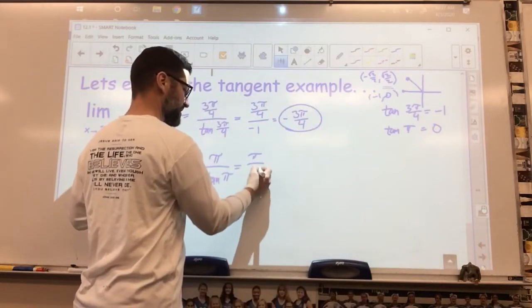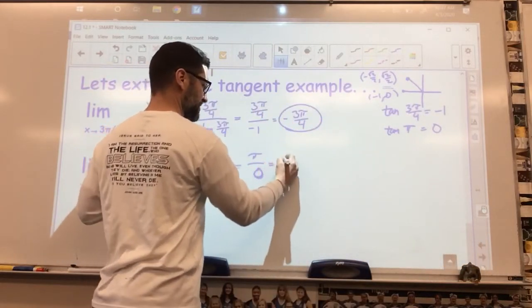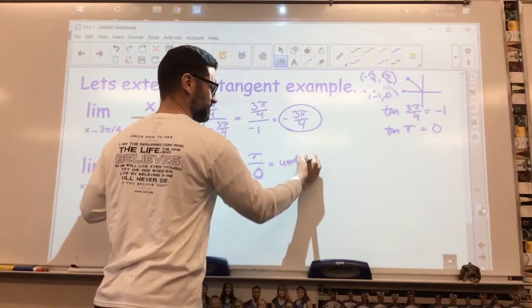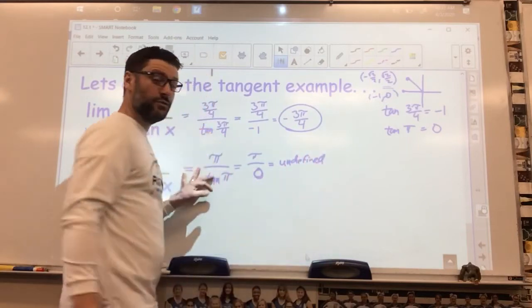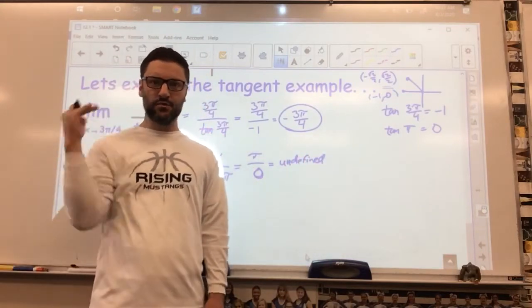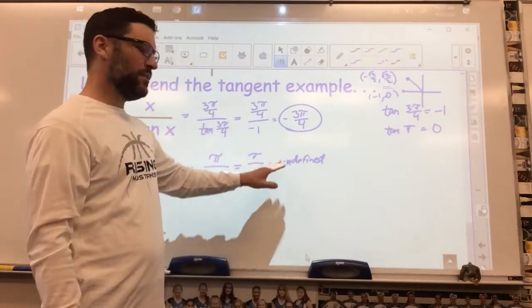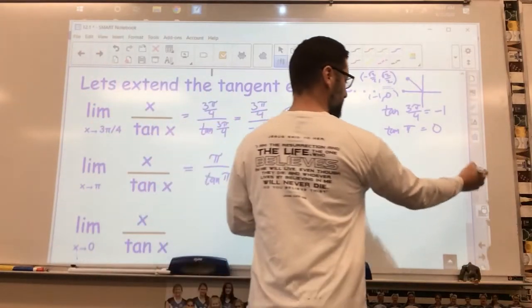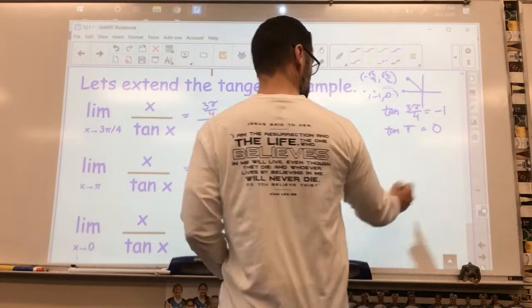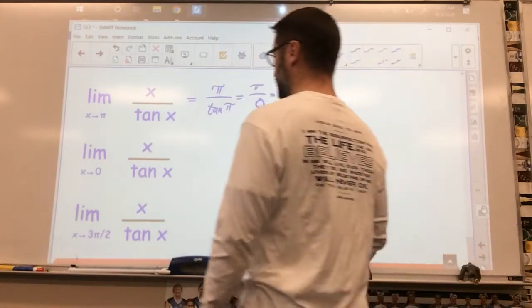So I get pi over 0, which gives me undefined. Direct substitution, plugging a number directly in, gave me an undefined value. That's interesting. Let's see if I can get a little bit more here.